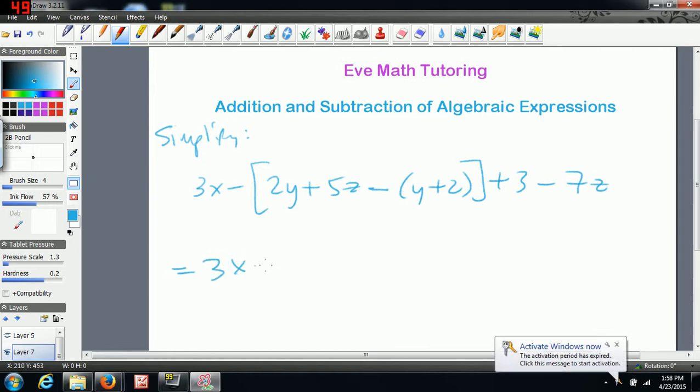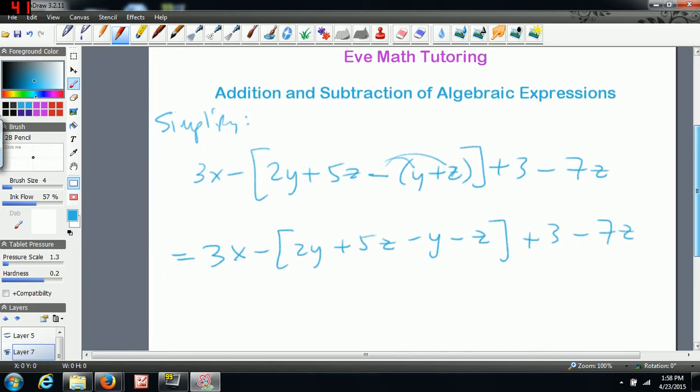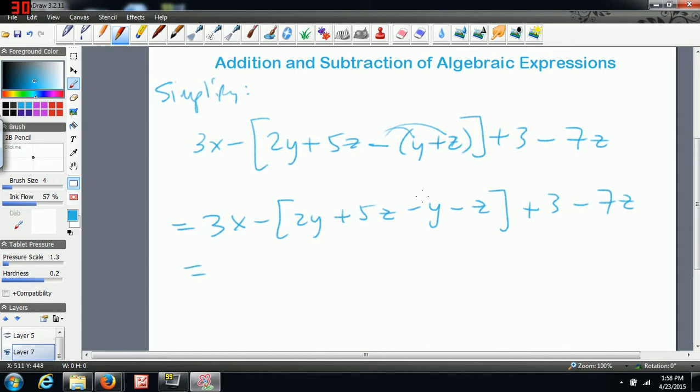So let's do that. So 3x minus 2y plus 5z. So when I remove this bracket, the negative goes into both terms. Now this is a z as well. So this becomes minus y minus z, close brackets, plus 3 minus 7z. Okay, so now that I have that bracket removed, I can remove this one, but when I do that, I have to see here, now this is a negative.